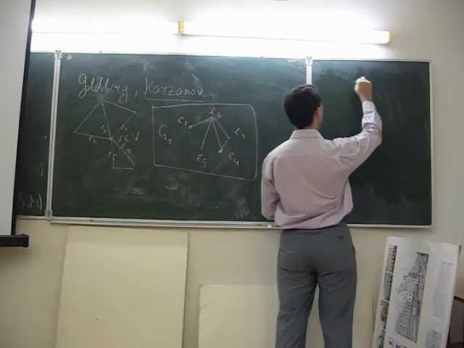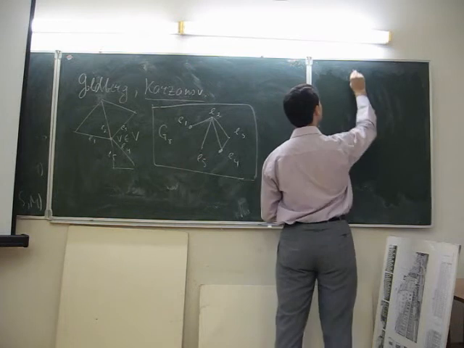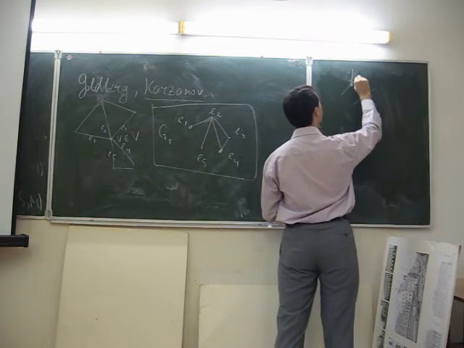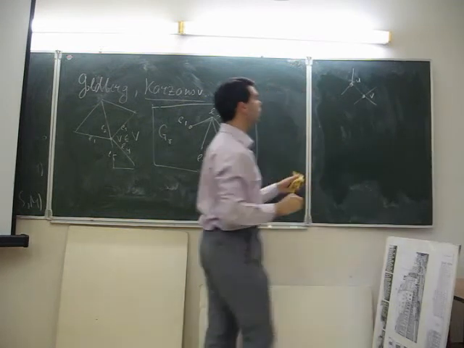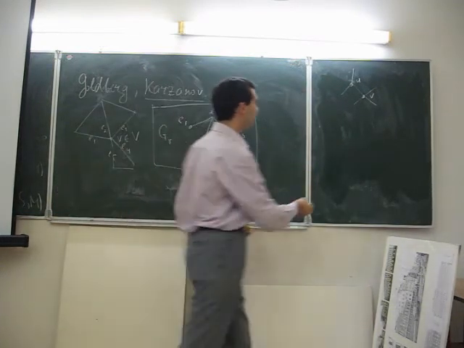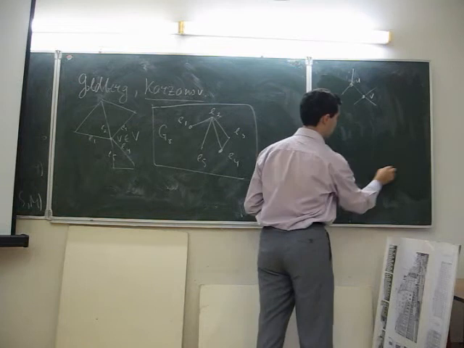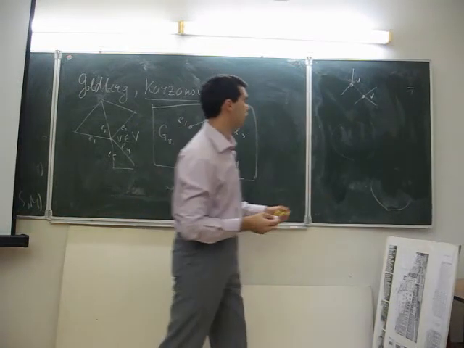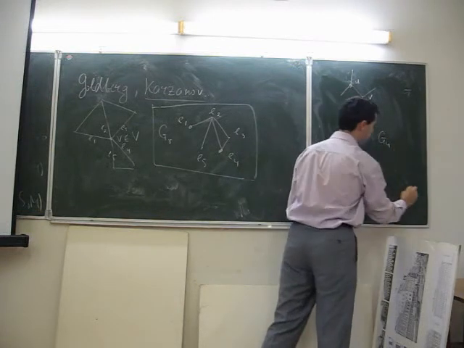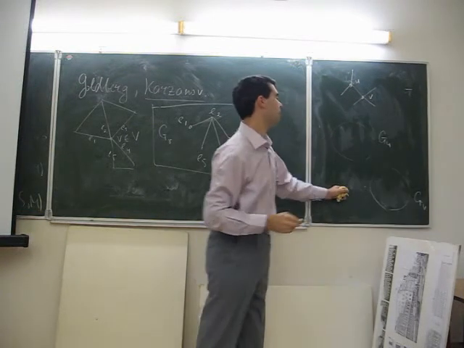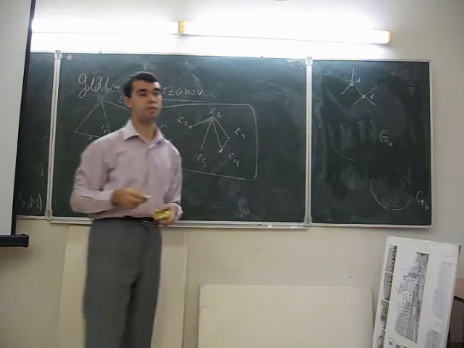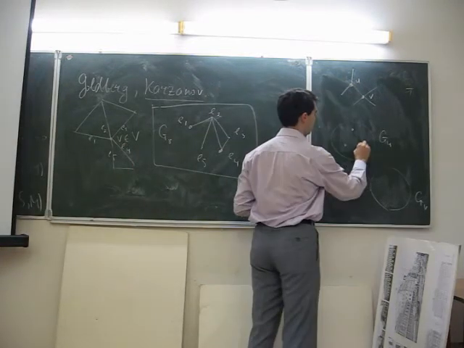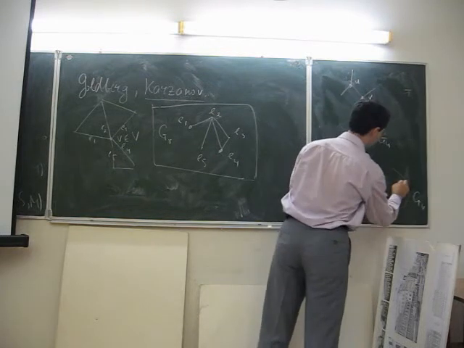Suppose that you had something like this: two nodes, U and V. On the top is the original graph. Now we are taking graphs G_U and G_V, and we are placing these graphs in place of our original nodes. Here we have 3 nodes, and here 4 of them.